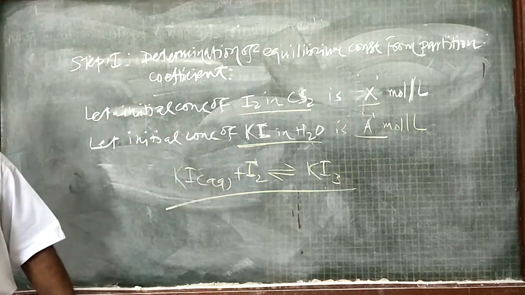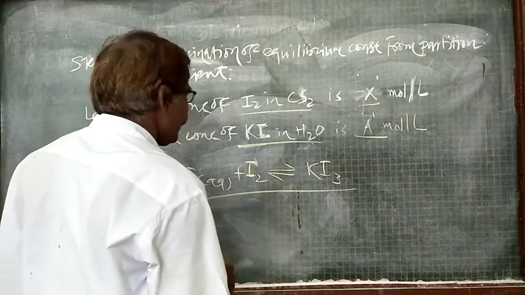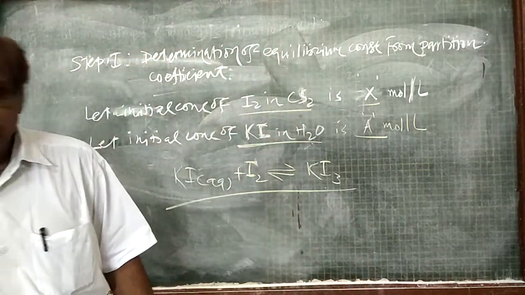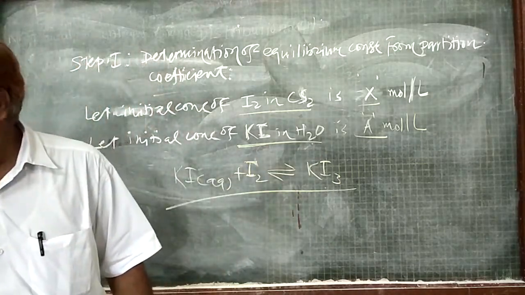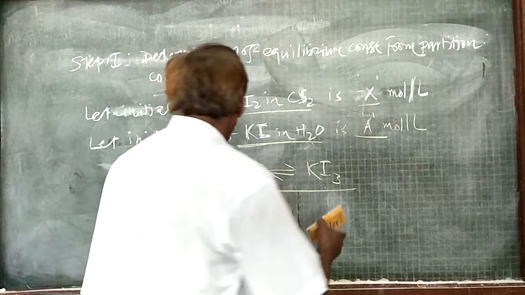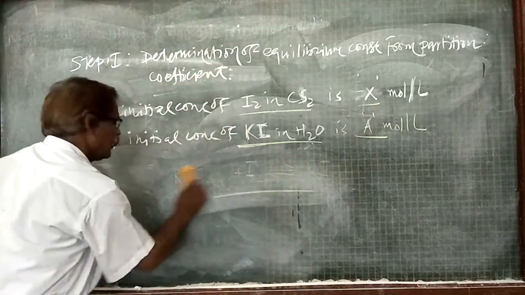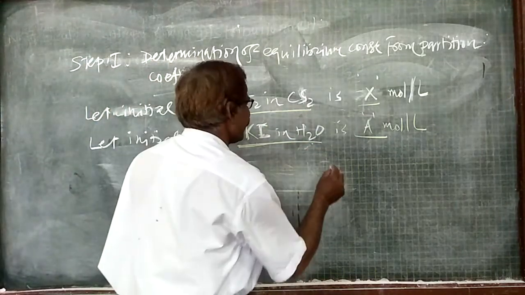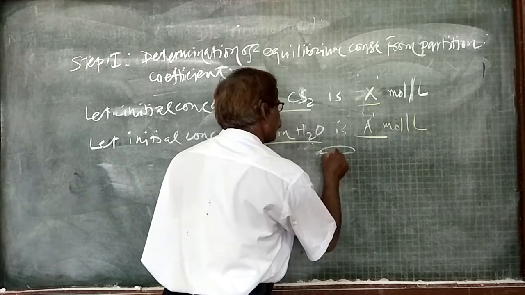Okay, so let us see here the equilibriums existing in the two layers, that is organic layer and aqueous layer, with the help of a simple diagram. Let us draw that diagram here.